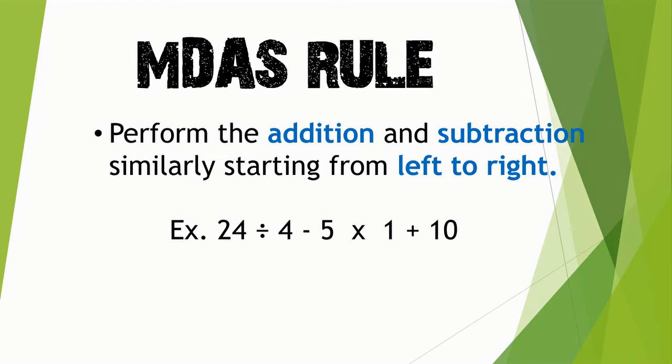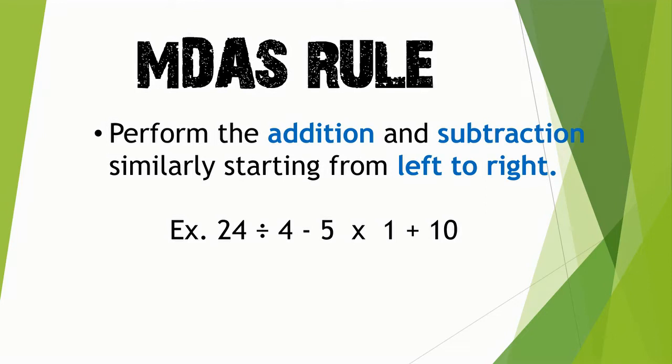So for example, we have here again our example a while ago. Our equation is 24 divided by 4 minus 5 times 1 plus 10. So pagkatapos na nating nag-multiply at nag-divide, so ano nang susunod? Gawin na natin si either addition or subtraction.